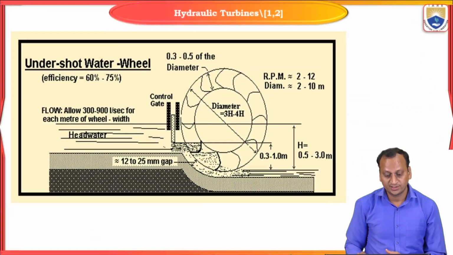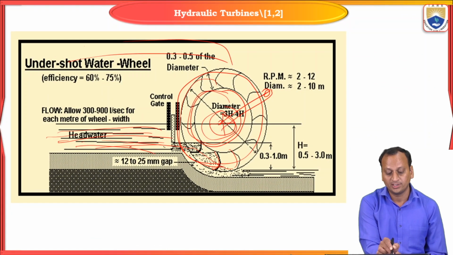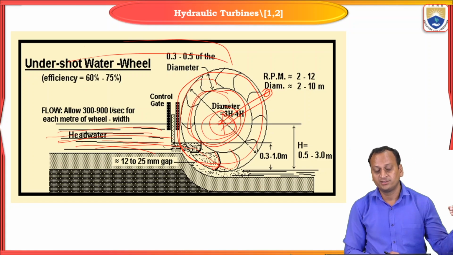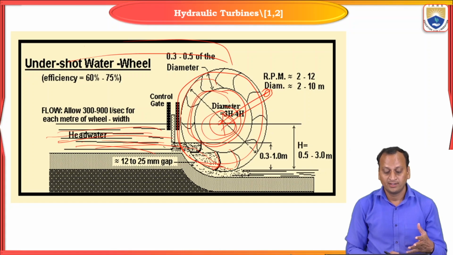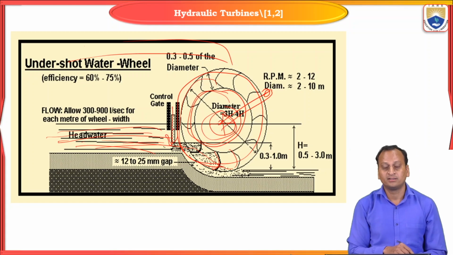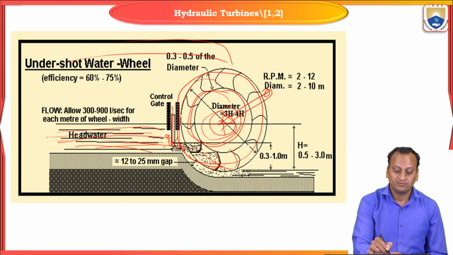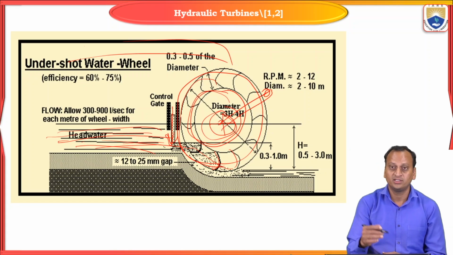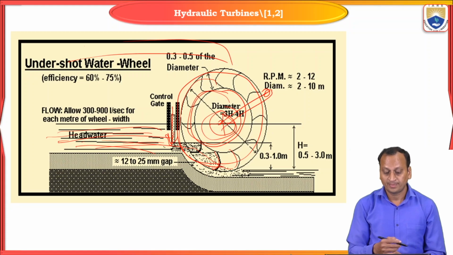In the previous cases, the bucket is impacted by the water force, and due to that it is rotating. But there, no particular principle is applied and there is no pressure difference. We are just controlling with the help of the gate. The amount of pressure and velocity will be varied, and it will be hitting underneath the turbine. So later on, they used a particular principle to run the turbines.